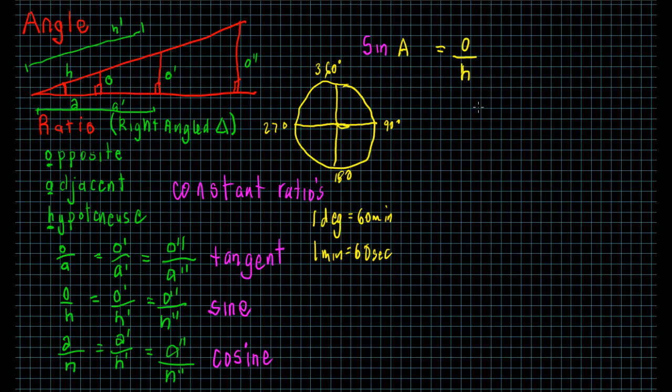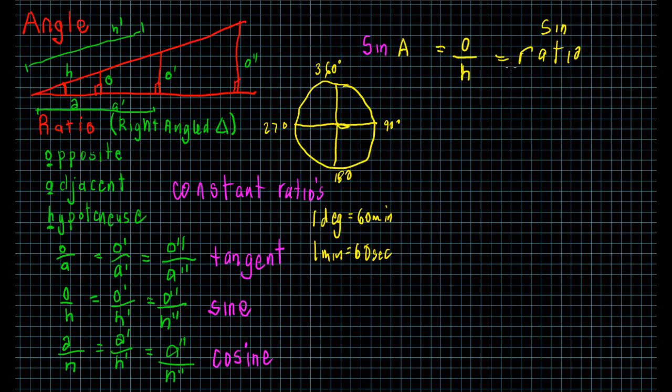Sine of A equals the opposite over the hypotenuse. So what they did was they went out and worked out and measured. They carefully worked out what that equals. That equals a ratio. The sine ratio.